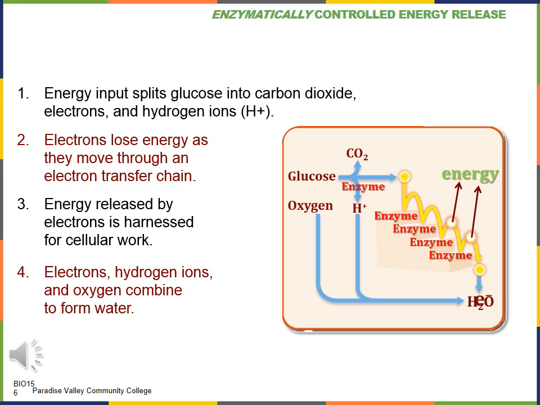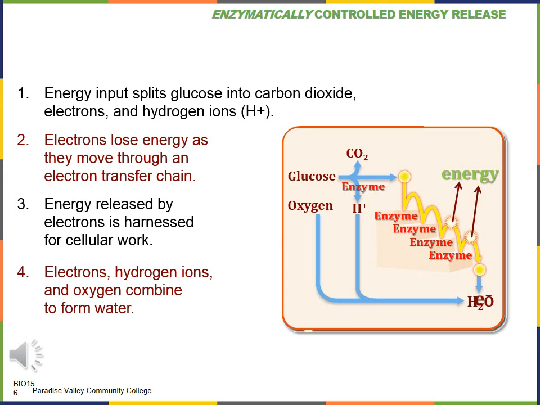And the whole point to this is if we didn't have this electron transport chain, the energy involved in this process would be moving so fast and so quickly that the energy would burn up the reactants before it could make the end product. And we've talked about that before.